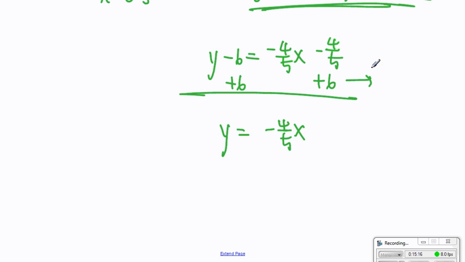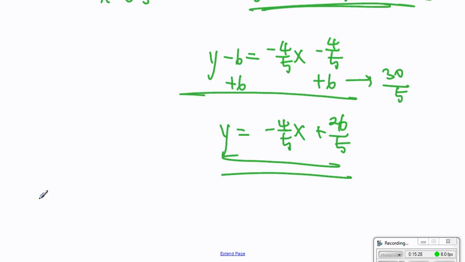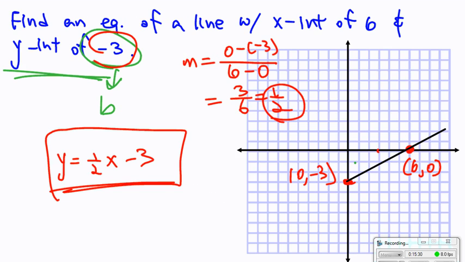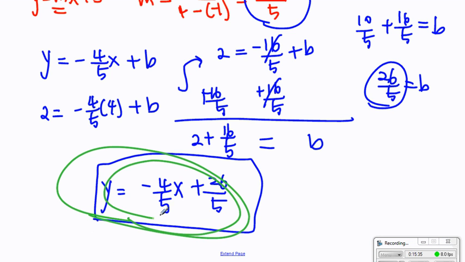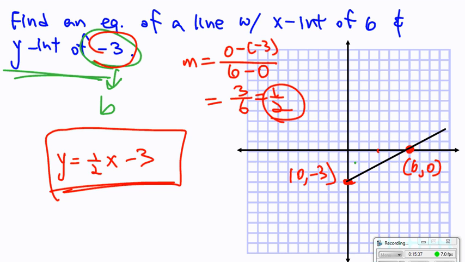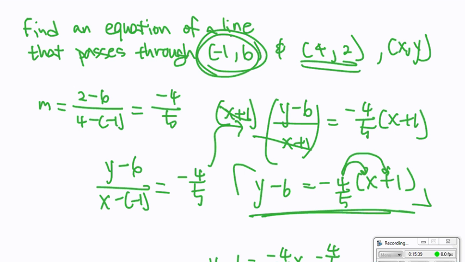Since 6 is equal to 30 over 5, when you subtract 4 over 5 from 30 over 5, we end up getting plus 26 over 5. Does that look somewhat familiar? Was that the answer that we got earlier? That's right. So we realize that both methods work.